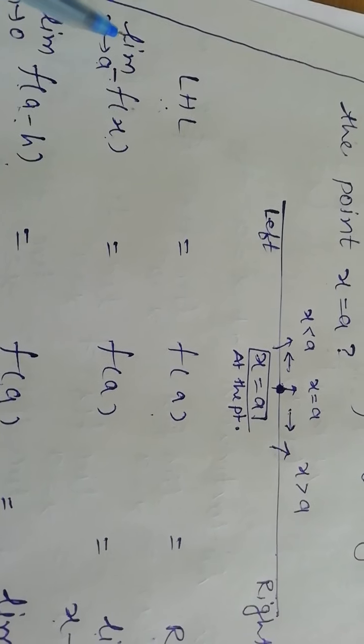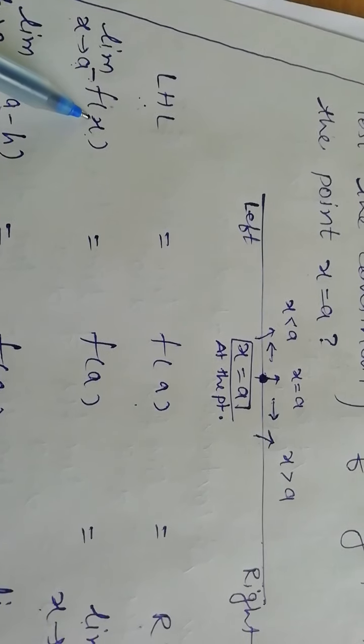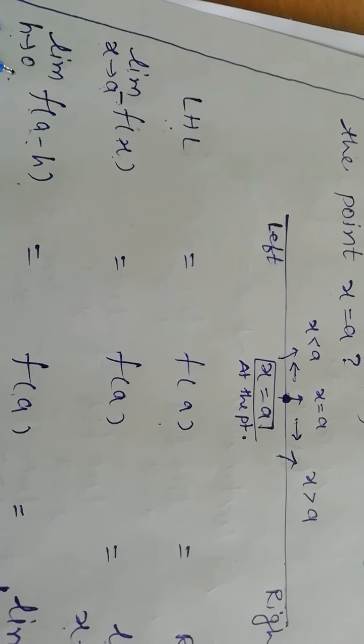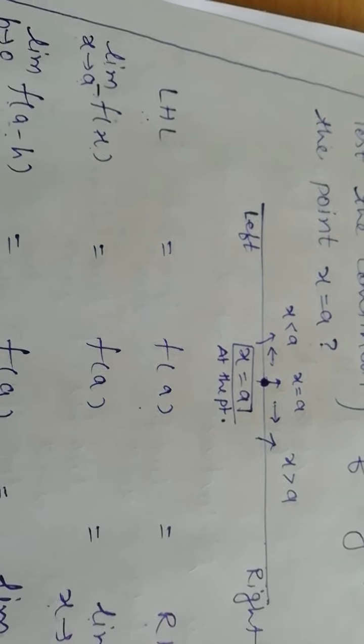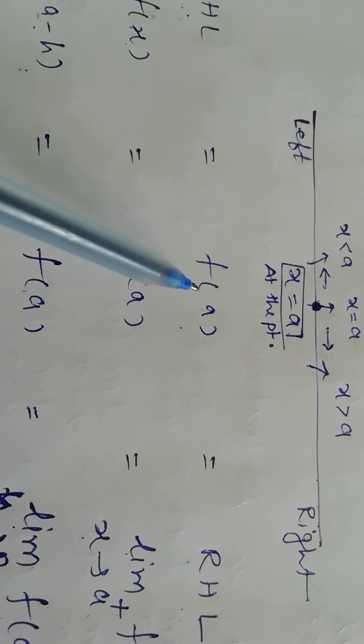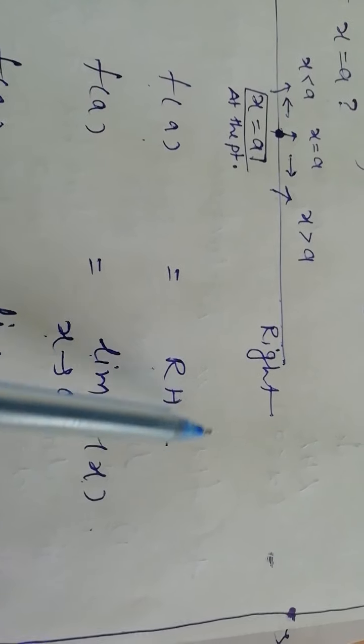So you know that the left hand limit is calculated in this way also. Limit x tends to a negative of f of x, and it can be expressed by limit h tends to 0 of f of a minus h, and this is the way to calculate the value of function at x equals to a. So it is f of a, and next is right hand limit.